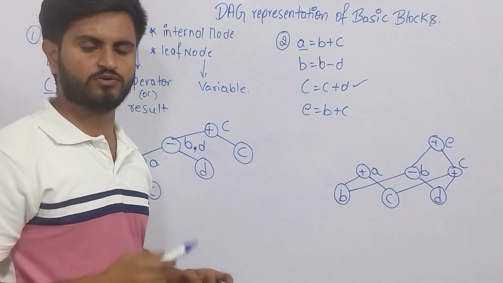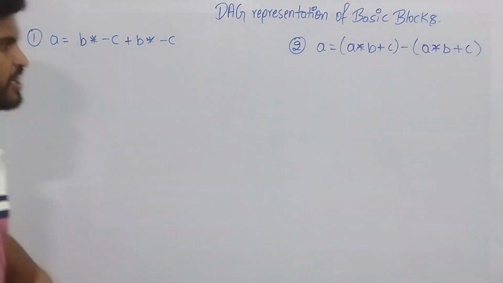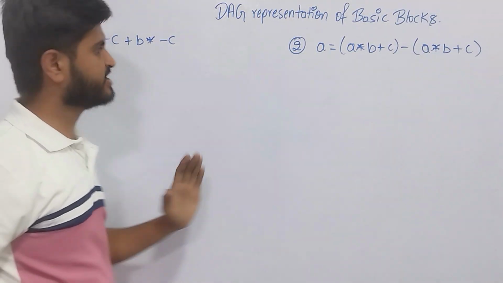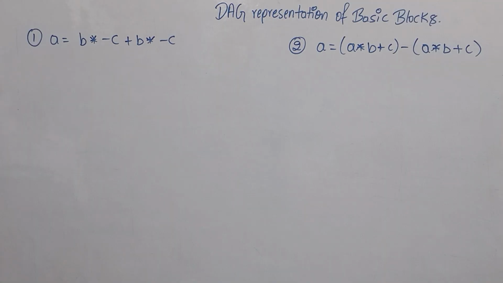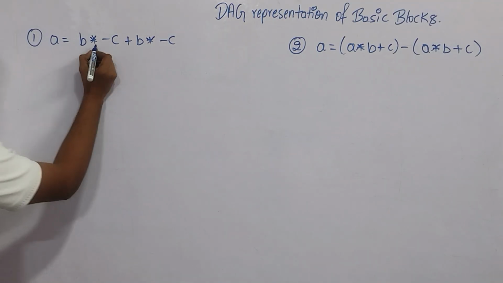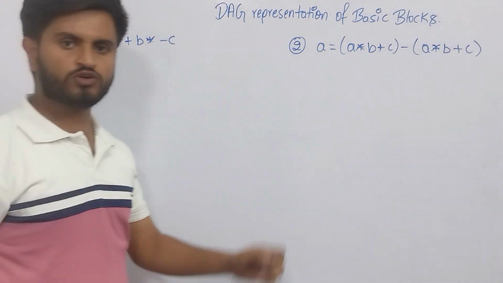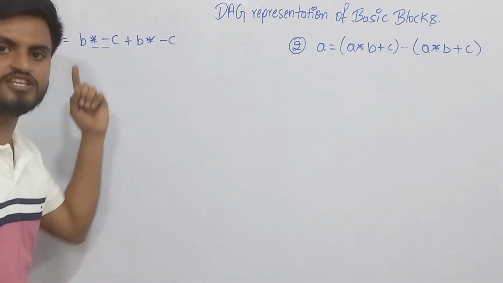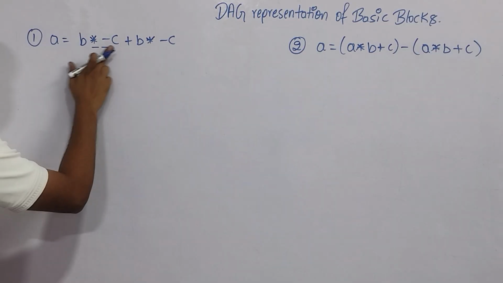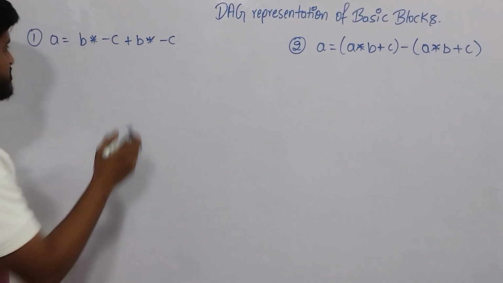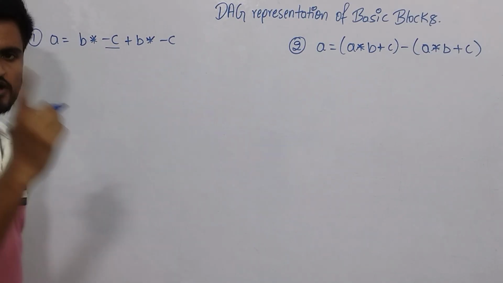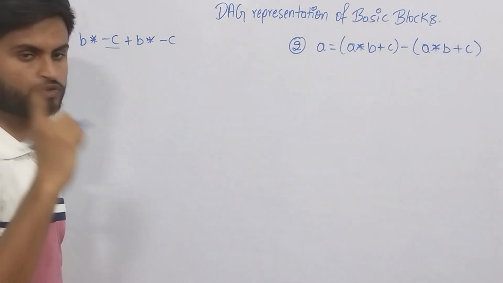Let's move on to the second one, that is type 2. Now these are the type 2 questions. If you see here, multiplication is there, and after that we have minus. This minus is called the unary minus. When you approach the unary minus, you must give first preference to the unary minus.